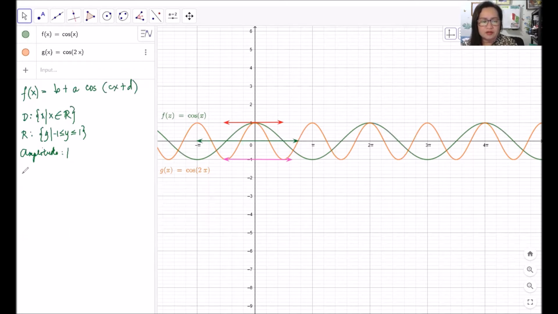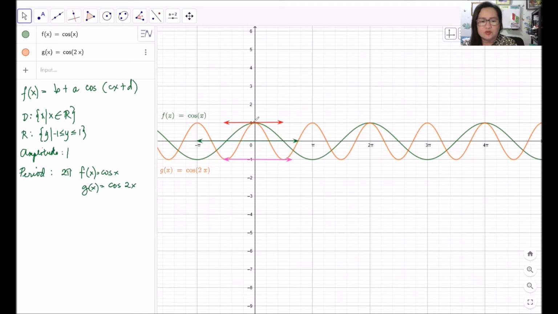Okay, now what about the period? So for cosine x, the period is 2 pi. Okay, this is for f of x. We will have 2 pi. What about for the function g of x, where we have cosine 2x? Now take a look. In the interval from 0 to 2 pi, okay, let's trace.